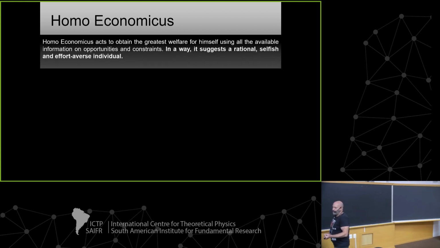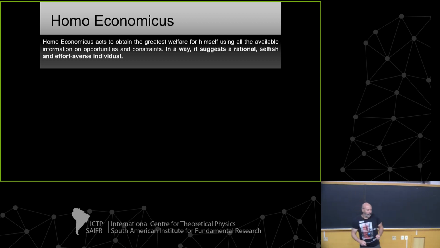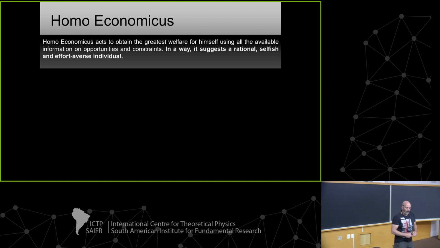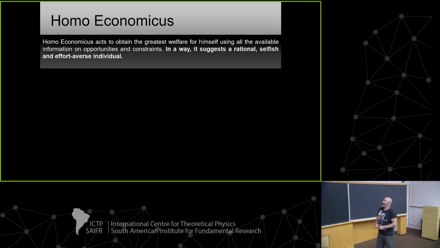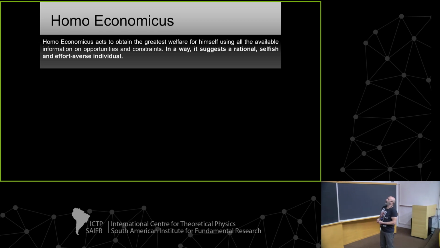From the idea of rational choice, we can jump to another concept, and this is the concept of homo economicus. A homo economicus is an individual that acts to obtain the greatest welfare for himself or herself using all the available information on opportunities and constraints. In a way, it suggests a rational, selfish, and effort-averse individual.